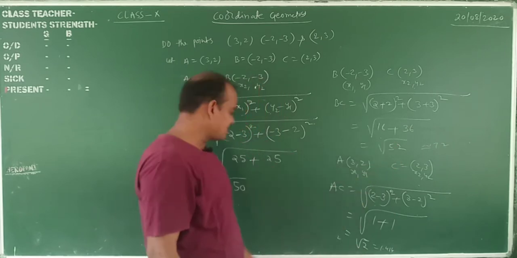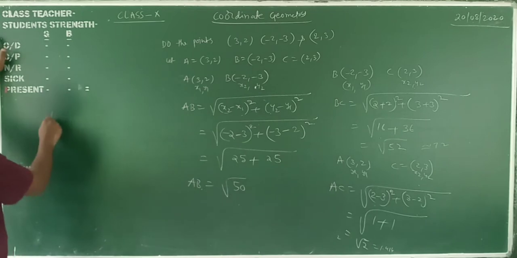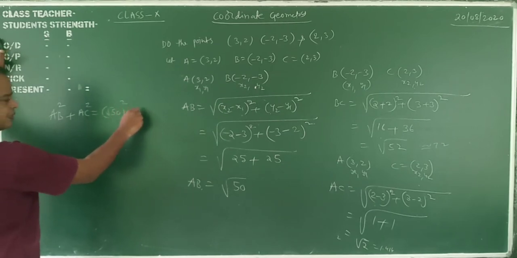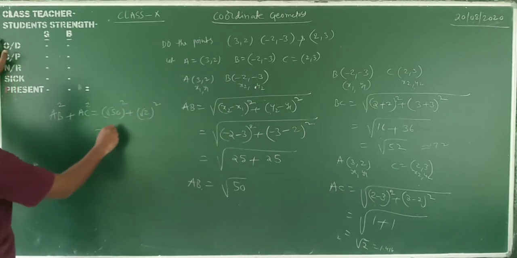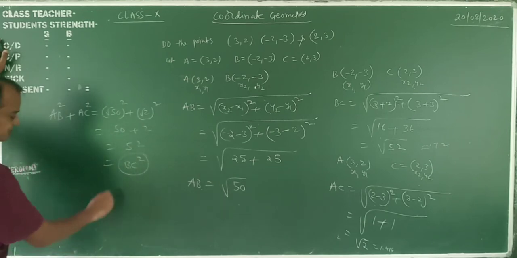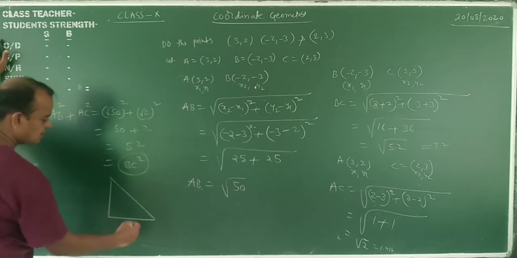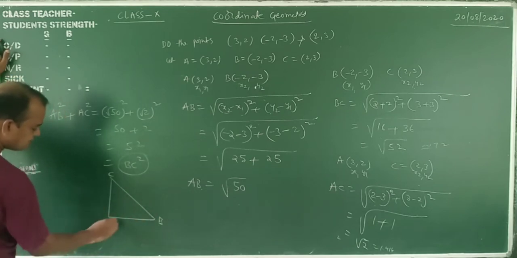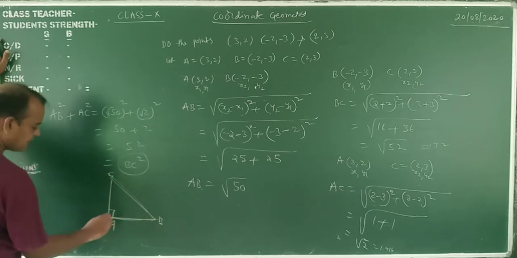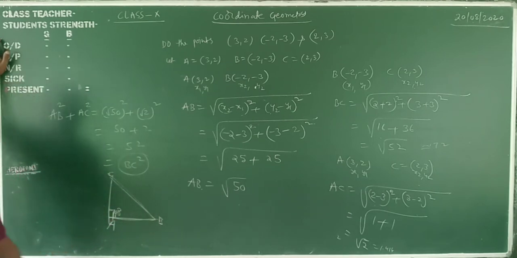So AB square plus AC square means root 50 whole square plus root 2 whole square, which is 50 plus 2, that equals 52, and 52 is BC square. BC is the hypotenuse. AB square plus AC square is equal to BC square, so angle A is 90 degrees.